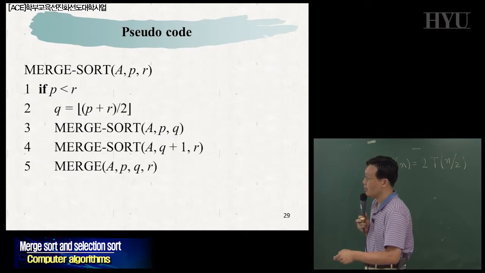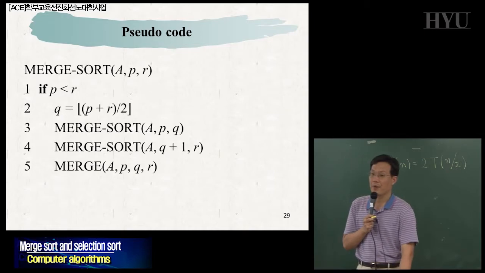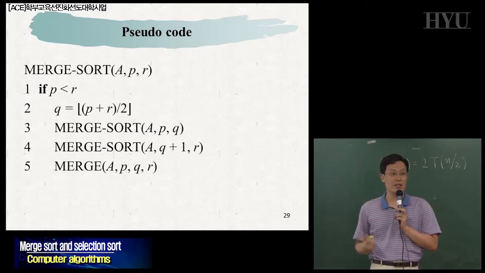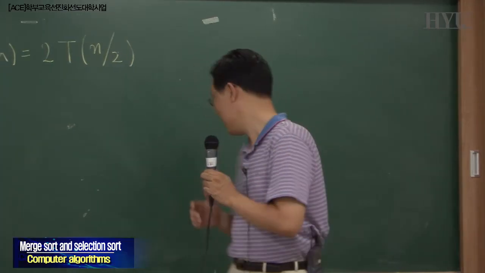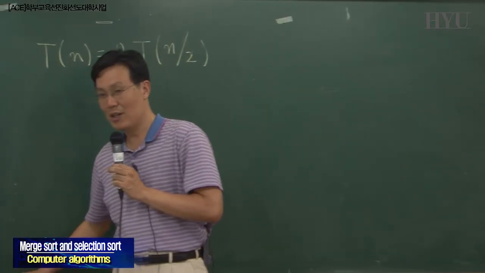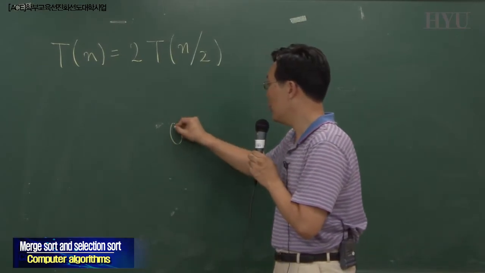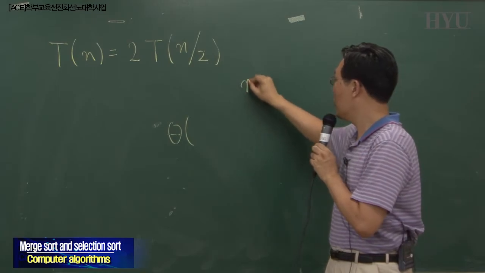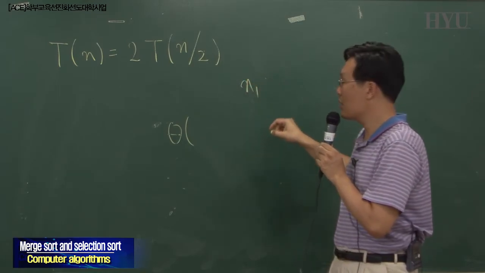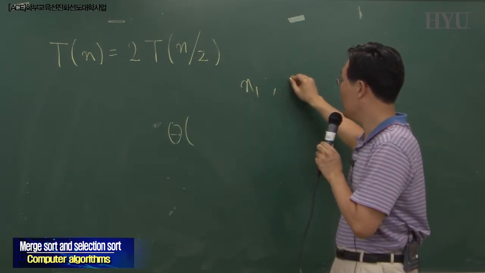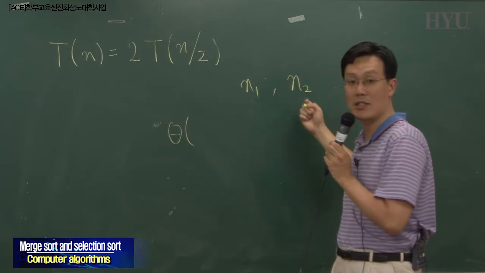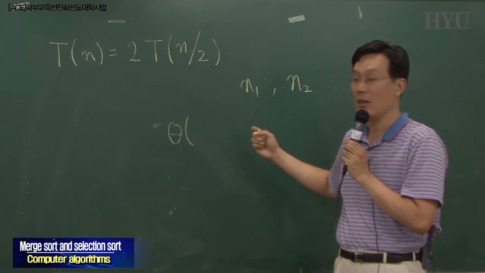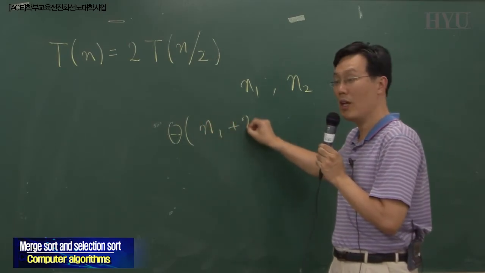And finally, the merge step. What's the running time of merge in this case? Okay, let's see. What is the running time of merge if the number of keys in one list is n1 and the number of keys in the other list is n2? What was the running time? n1 plus n2, okay?